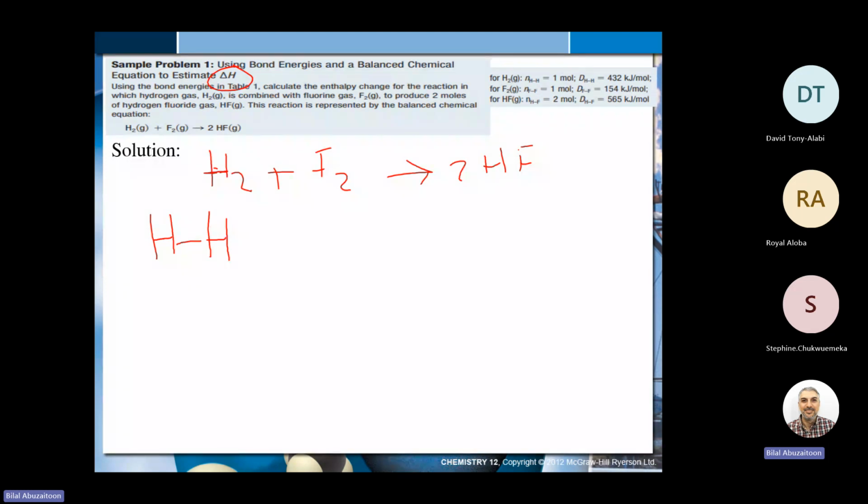Now H2 is HH, and F2 is FF, single bond. This is what you will find, and HF will be just single bond HF and single bond HF. As I said, if there are two HF, I would draw two HF.